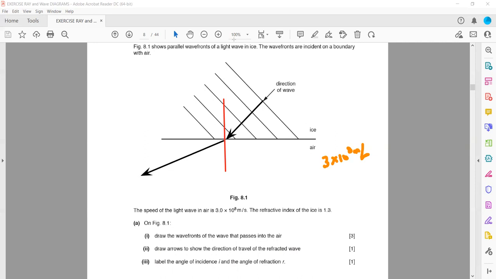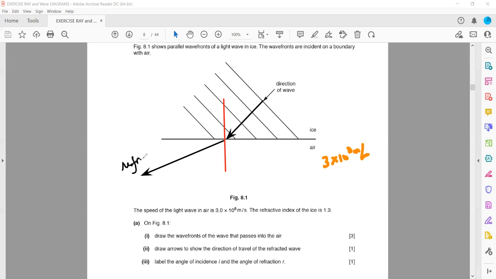And then we have to draw the wavefronts. So how to complete a wavefront? The wavefronts are always perpendicular to the wave. So if this is the direction in which the wave was traveling, how to draw the wavefronts? Always perpendicular, because this is the direction in which the wave is refracted.